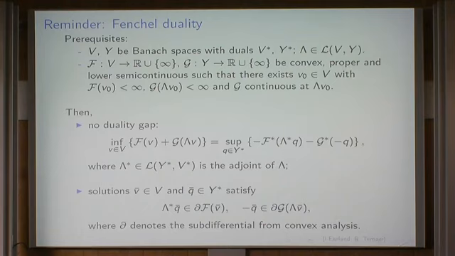There's also another way of looking at it. It links a primal quantity, the primal solution v bar, to the solution of the dual problem, q bar. So depending on the operator and on the functions, sometimes it might be easier to solve the dual problem, get the q bar, and compute from q bar a v bar by solving this system, or one of the two equations.